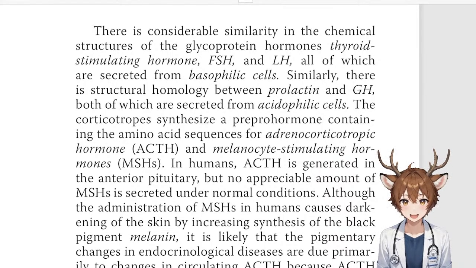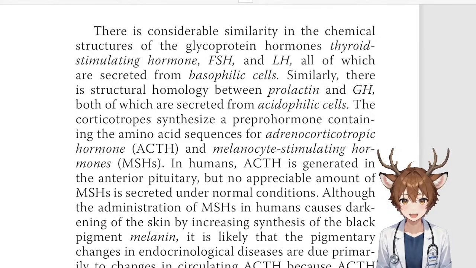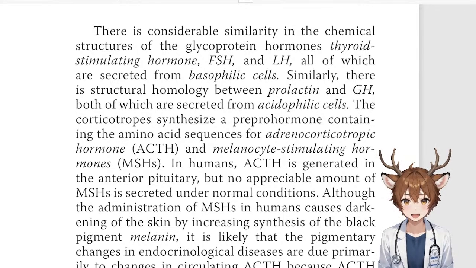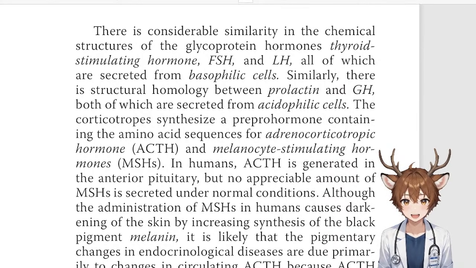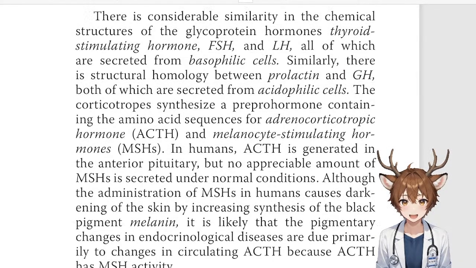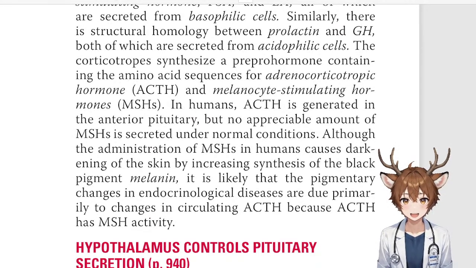Although the administration of MSH in humans causes darkening of the skin by increasing synthesis of the black pigment melanin, it is likely that the pigmentary changes in endocrinological disease are due primarily to changes in the circulating ACTH because ACTH has MSH activity.